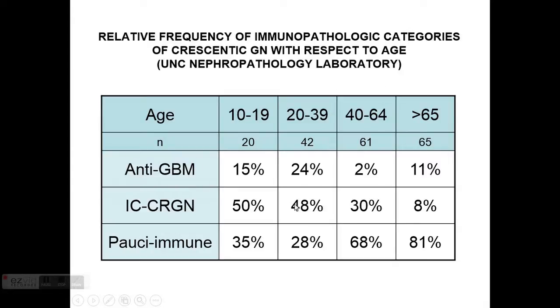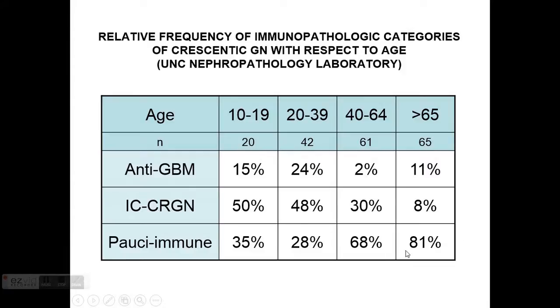This is just to show you how crescentic GN really distributes over different age groups. Anti-GBM has this bimodal distribution. Immune complex GN is more common in younger, and then it fades out with age. And then post-immune does the opposite thing.